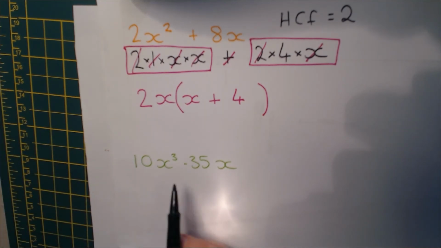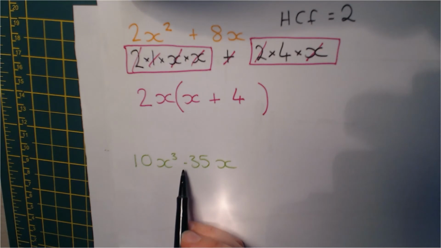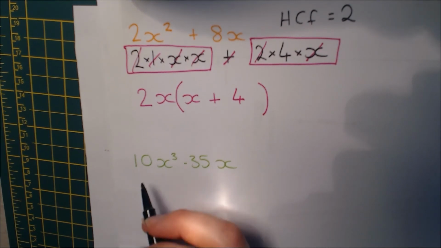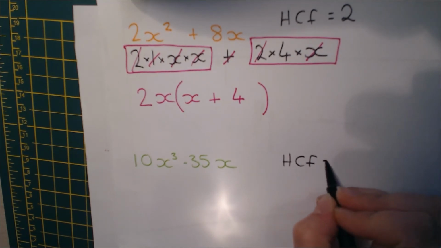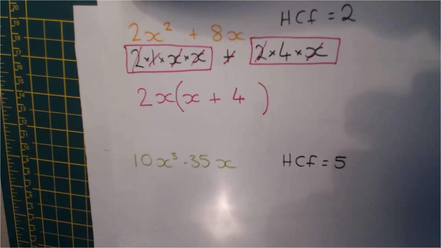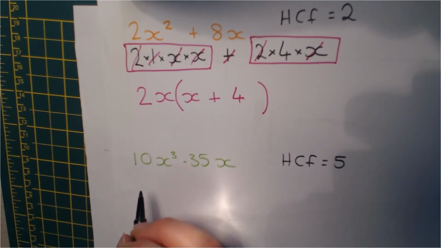The highest common factor of 10 and negative 35. Now just keep an eye on there. There's a negative sign. It shouldn't make any difference to what we're doing, but the highest common factor here is 5. The highest common factor of 10 and 35, the biggest number that goes into both. So we're going to rewrite this all out.